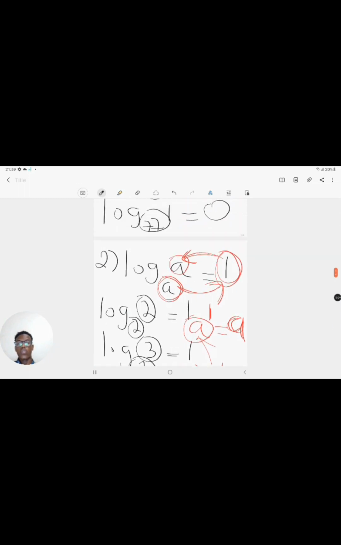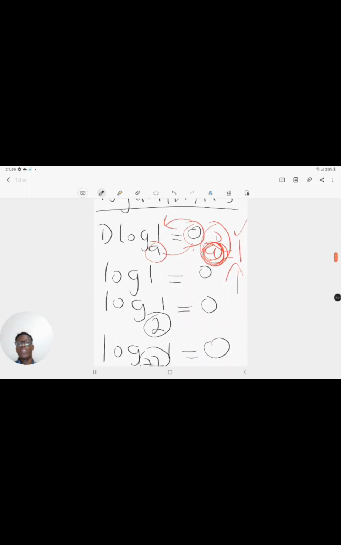Okay, so let's get to the actual laws now, and then we will demonstrate these laws through different examples. So I'm going to come to the actual laws of logarithms. Law number 1. Okay, the previous two things that I showed you, I wouldn't call them laws, I'll call them principles. These are mathematical axioms.